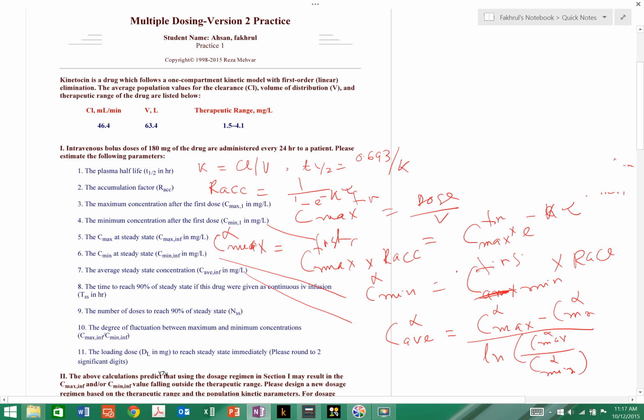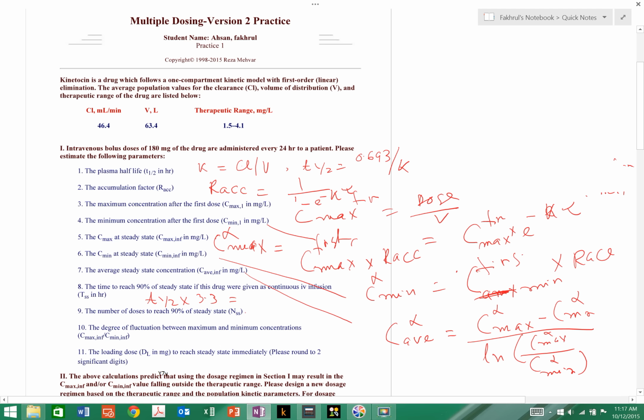And to calculate time to reach steady state, you multiply T half with 3.3. This will give you time to reach a steady state.